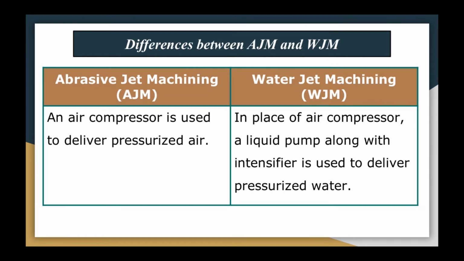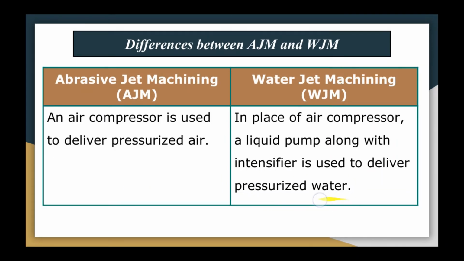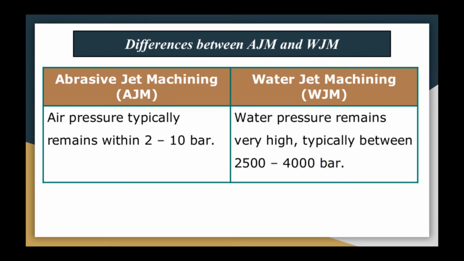In case of AJM, an air compressor is used to deliver pressurized air. In case of water jet machining, in place of a compressor, a liquid pump along with an intensifier is used for pressurizing the water, to increase the pressure of water. Then air pressure typically you have to keep within 2 to 10 bar in case of AJM, and in case of water jet machining, water pressure remains very high, typically between 2500 to 4000 bar.